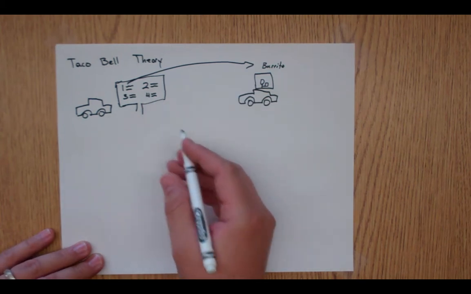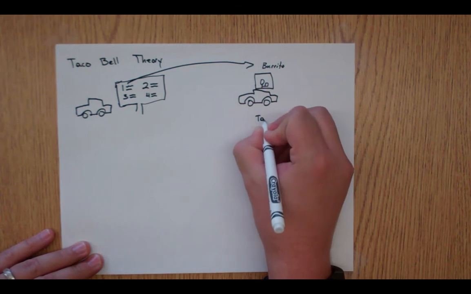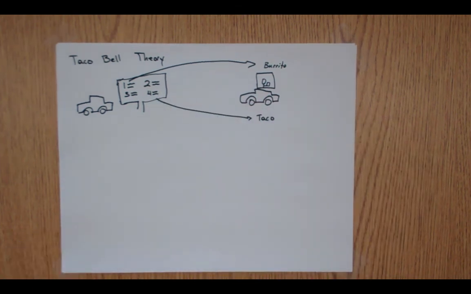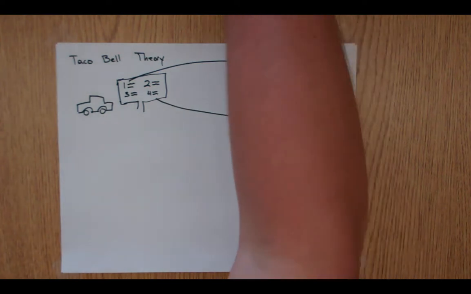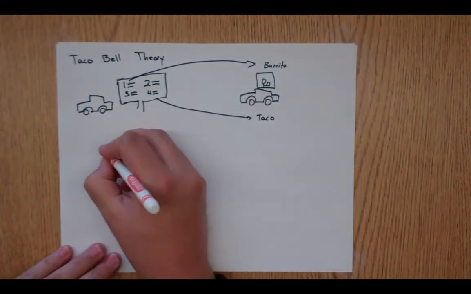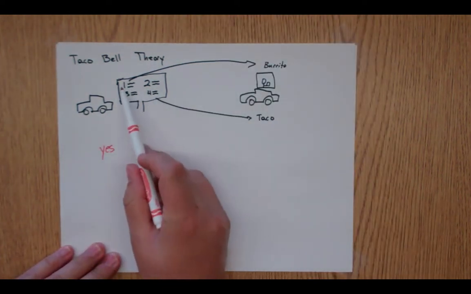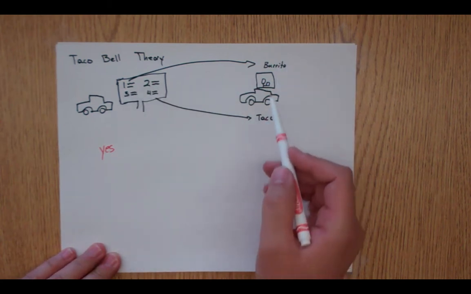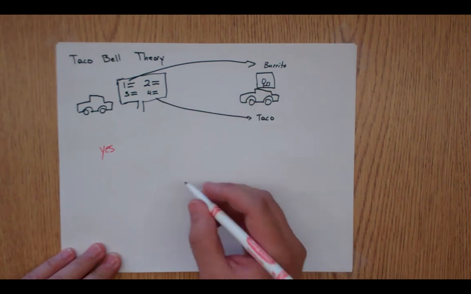Then say you've got a friend in the car and he wants just a taco. So he orders a combo 4. Now the cashier knows that you want a burrito and your friend wants a taco. Well, is this a function? The answer is yes. This is a function because each item on this menu board is mapped to only one actual food item.